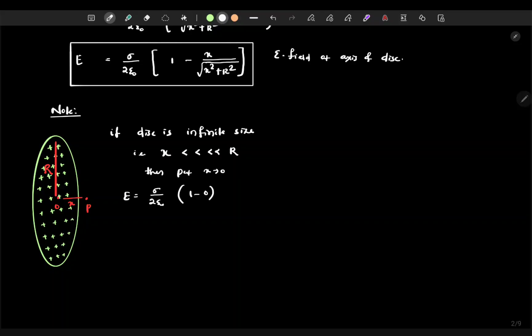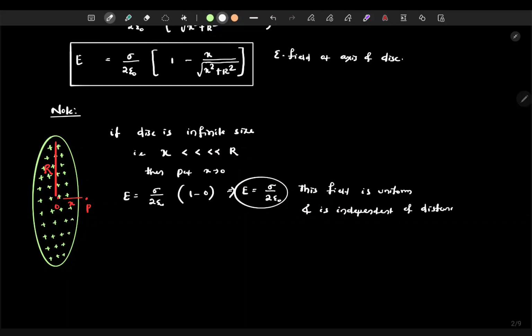So E is equal to sigma by 2 epsilon naught. This field is uniform and independent of distance. I hope it is clear. This is the electric field due to an infinite sheet.